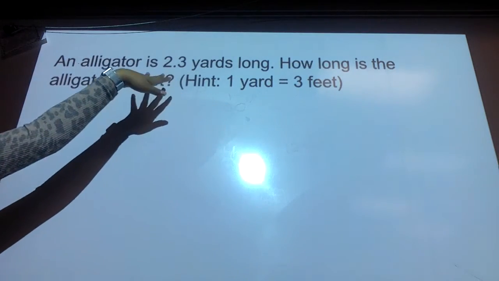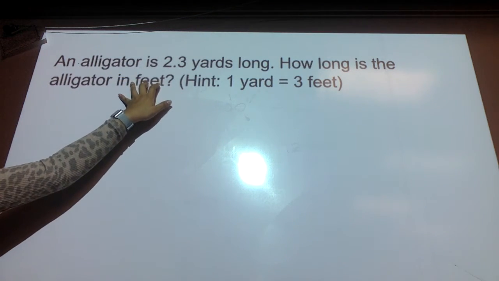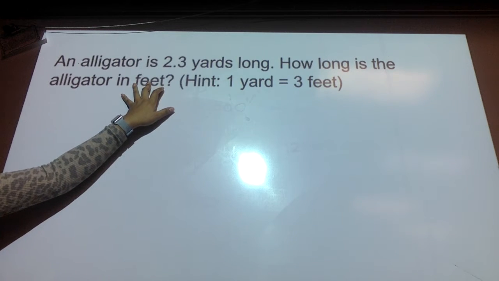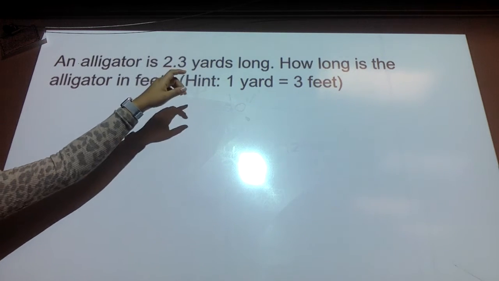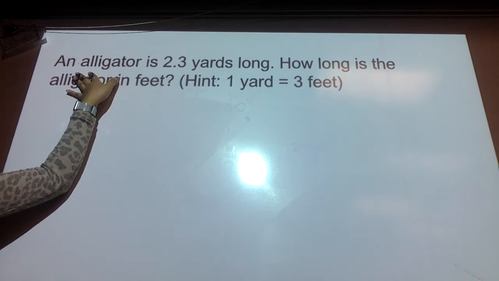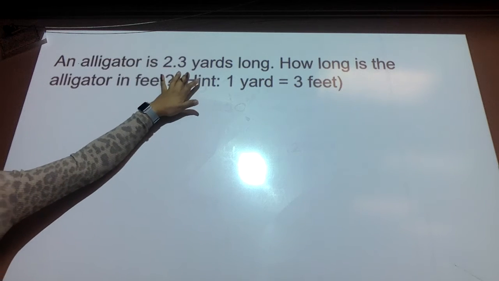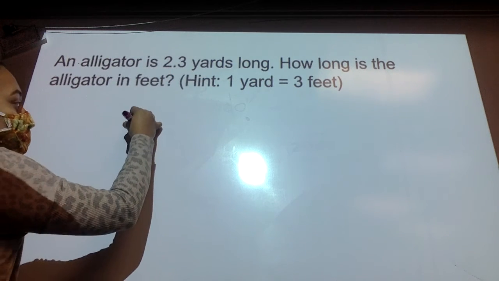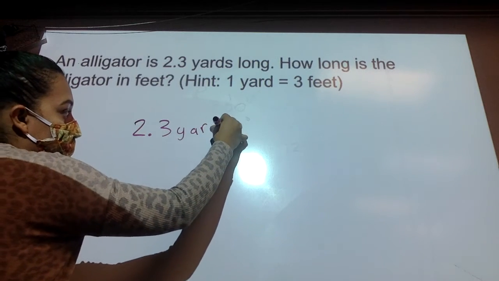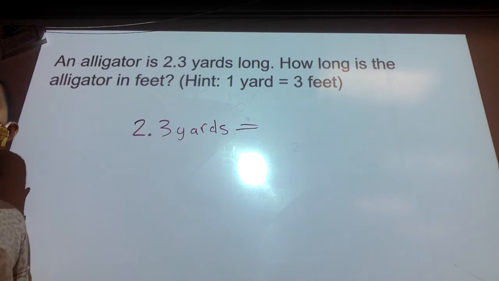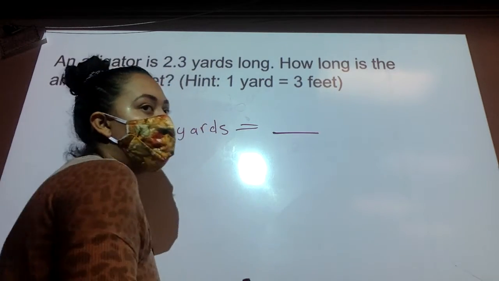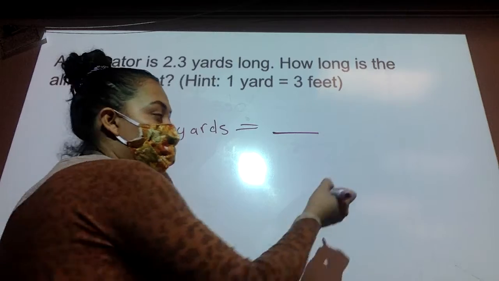How long is the alligator, Ariana? I know this is probably wrong, but is it 6.3 feet? No. Okay, an alligator is 2.3 yards, 2 3/10 yards. We need to figure out what it's equal to in feet.